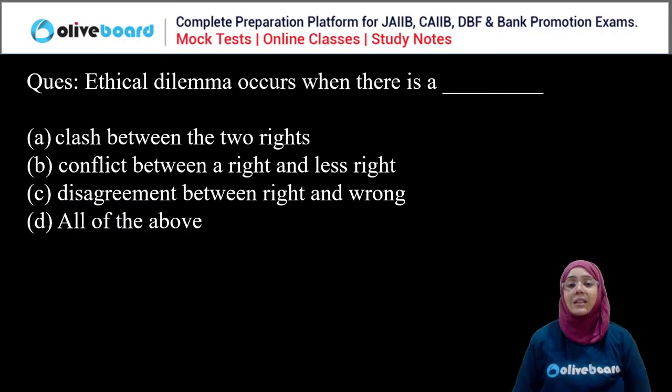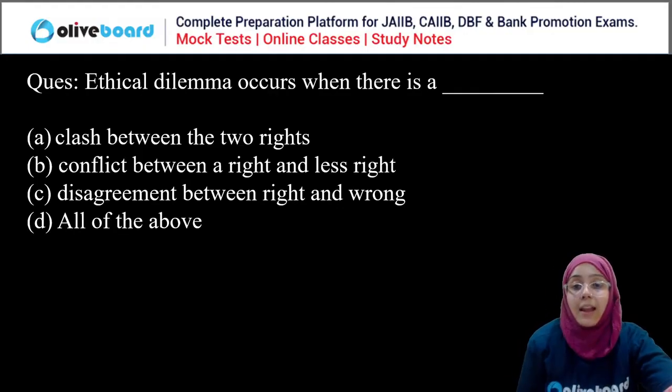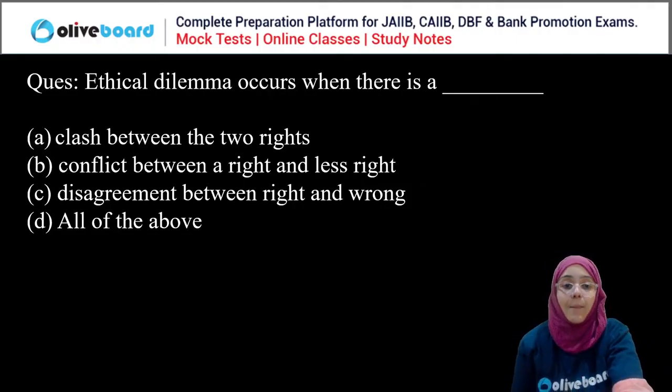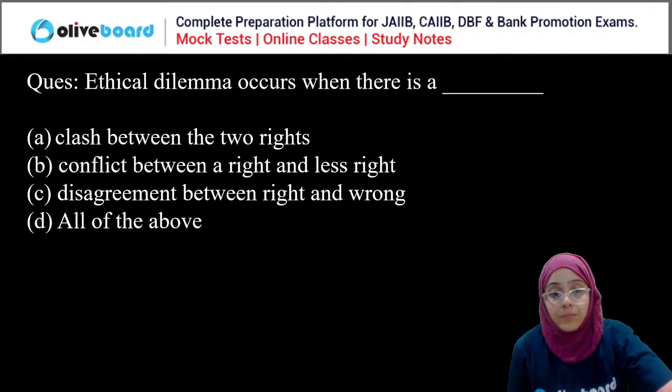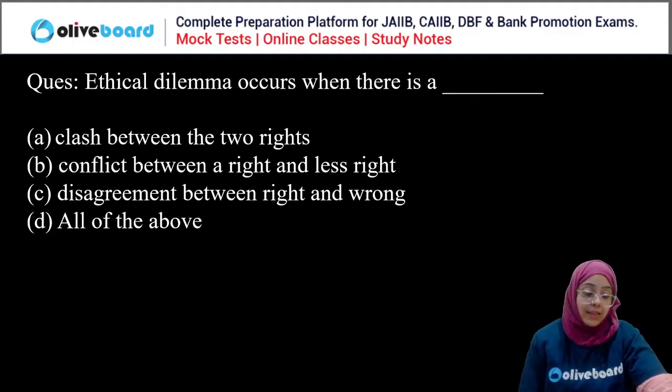Next question. Ethical dilemma occurs when there is a clash between two rights, conflict between a right and a less right, disagreement between right and wrong, or all of the above. Ethical dilemma occurs when, everyone, what is an ethical dilemma here?